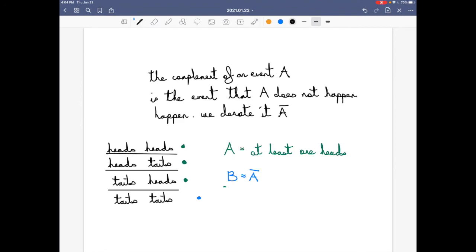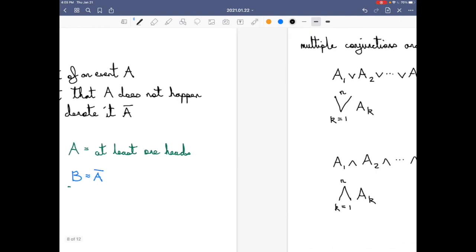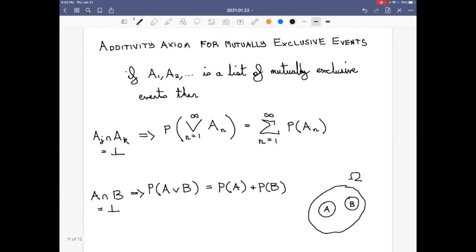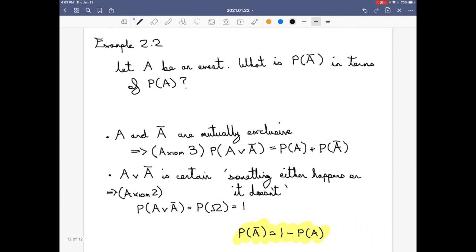When you write it out like this, it's really obvious that A and A complement are mutually exclusive, there's nothing that overlaps, and together they fill out the whole sample space. Their disjunction is certain and their conjunction is impossible. So since the disjunction is certain, we know that it has probability 1.